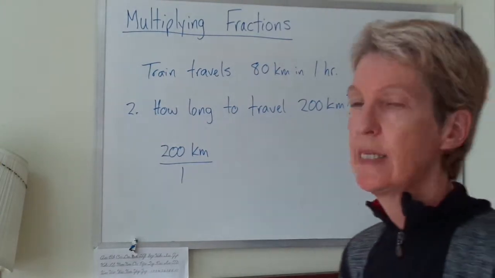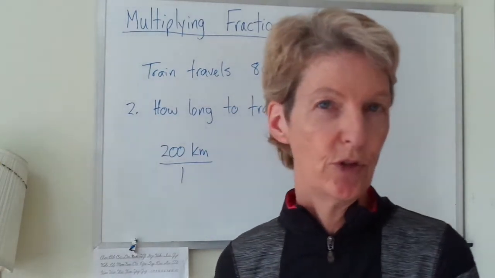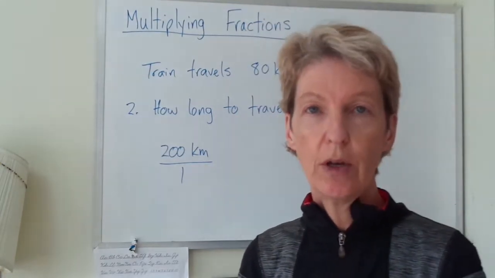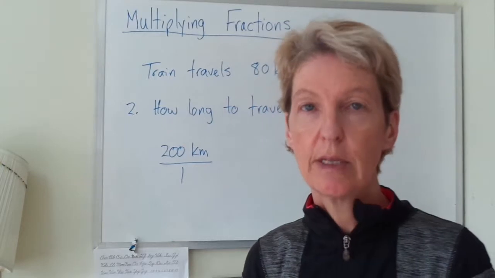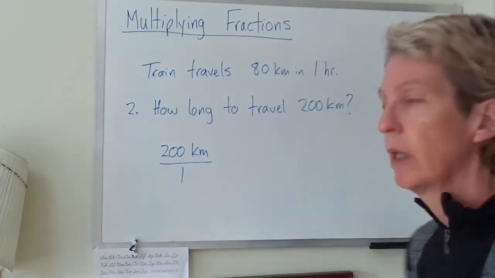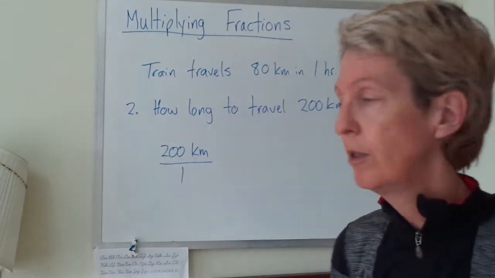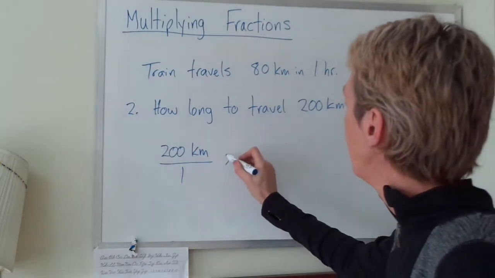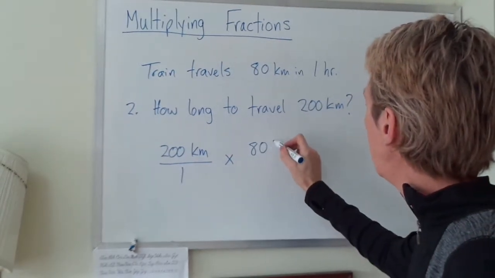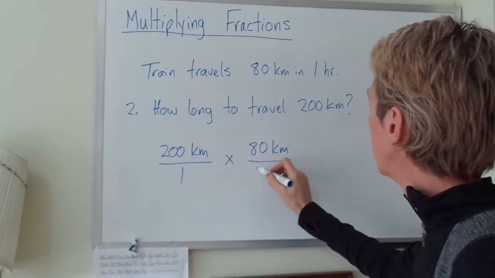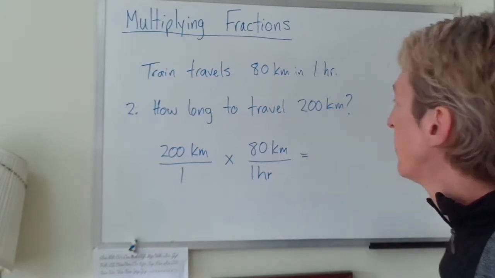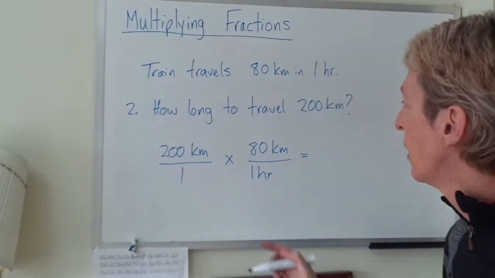Now, say we don't know if we're supposed to multiply or divide, we're not too sure. We're going to follow the units and let the units tell us what to do with the numbers. So let's guess, because we don't know what to do. What happens if we multiply our 200 by 80 kilometers per hour? What do we end up with?